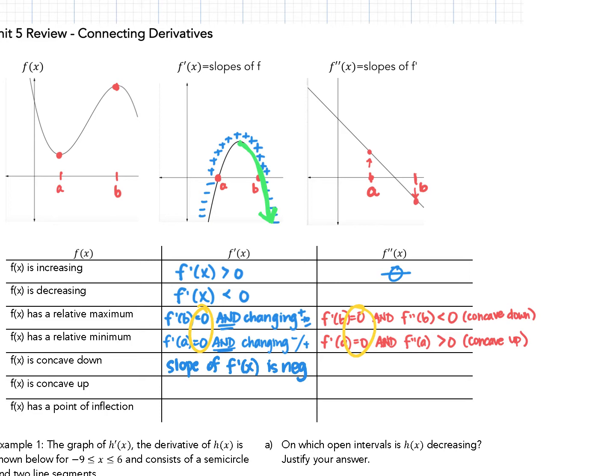And then if we want f to be concave up, that would be the whole section here. And that would be where the slope of f prime is positive, which is also the result of a change, a point of inflection.